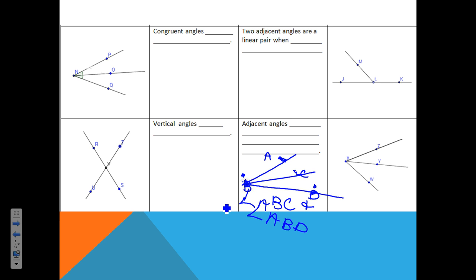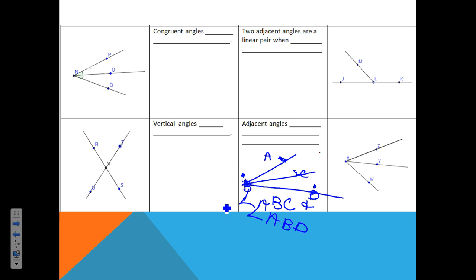Why are angle ABC and angle ABD not considered adjacent angles? Well, they have a common side, right?